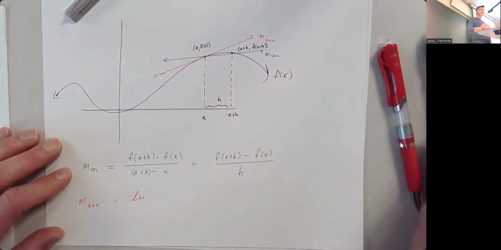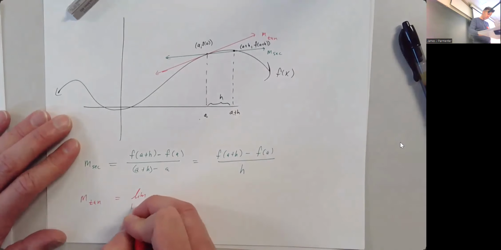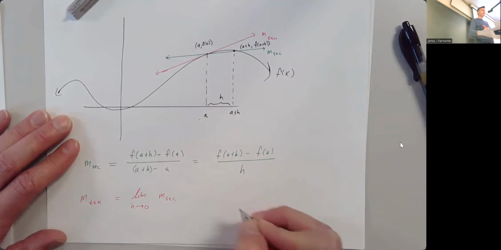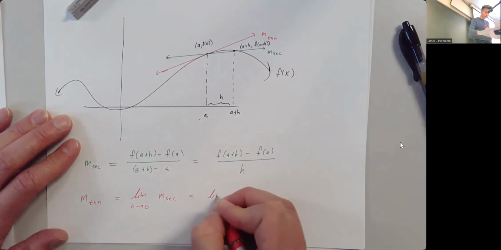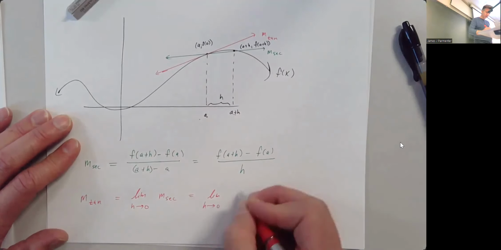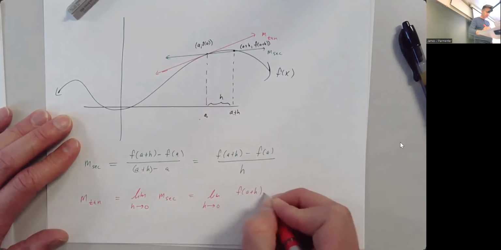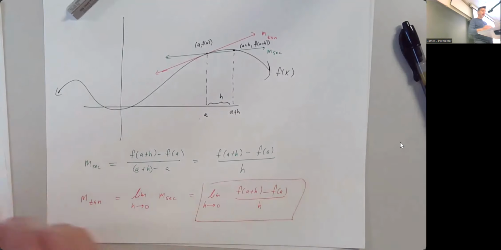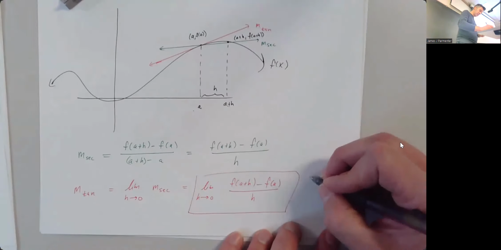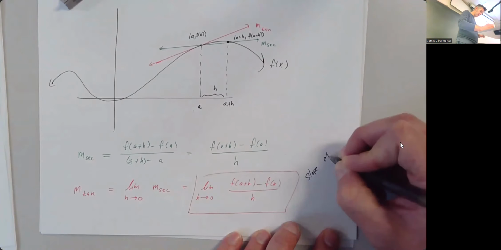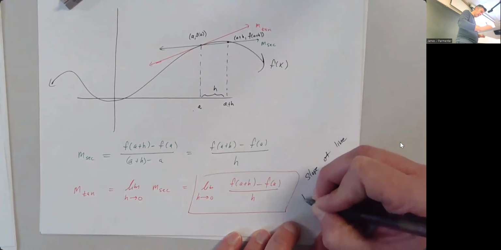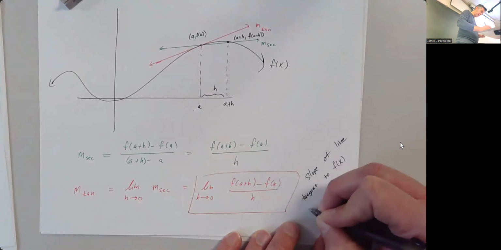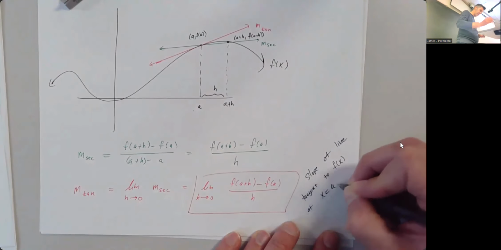You're going to take the limit as h goes to 0 of that slope of the secant line, which is just the limit as h goes to 0 of f of a plus h minus f of a all over h. And that is how we find the slope of the line tangent to f of x at x equal to a.